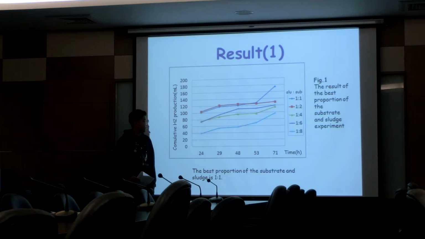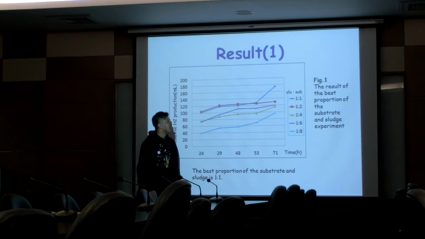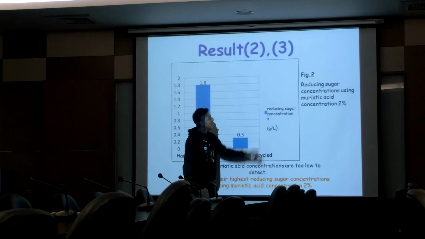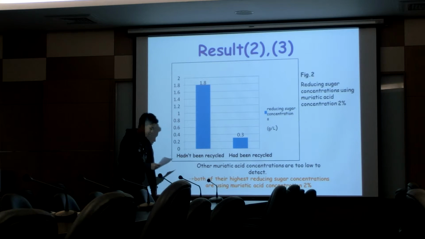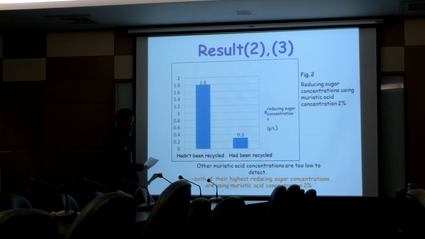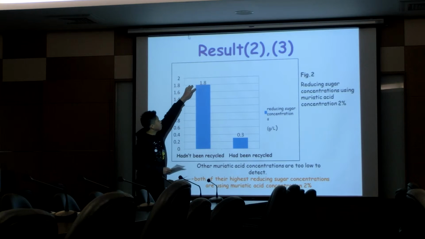From this chart, we can see that the best proportion of the substrate in the sludge is 1:1. And reducing sugar concentrations that haven't been recycled is higher.